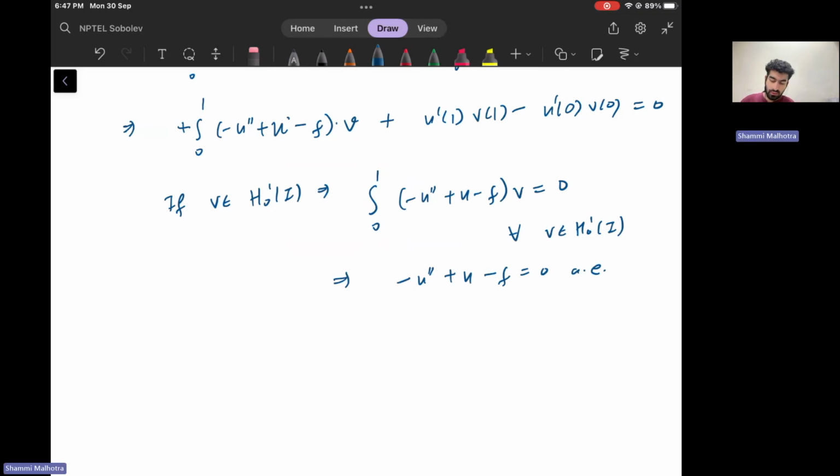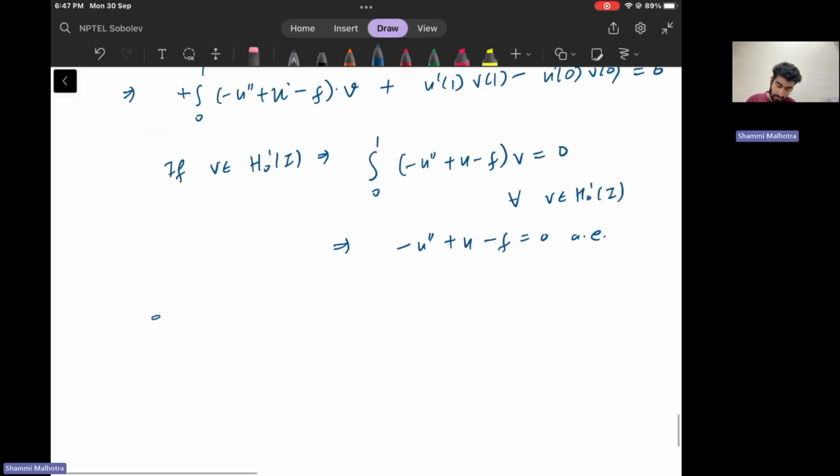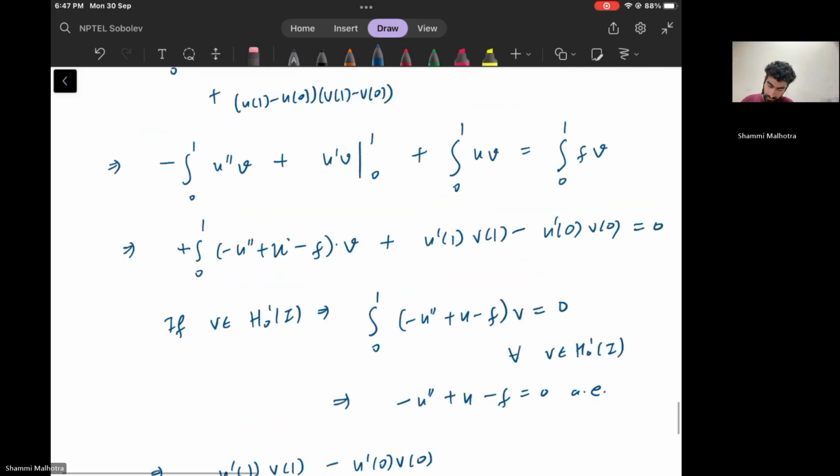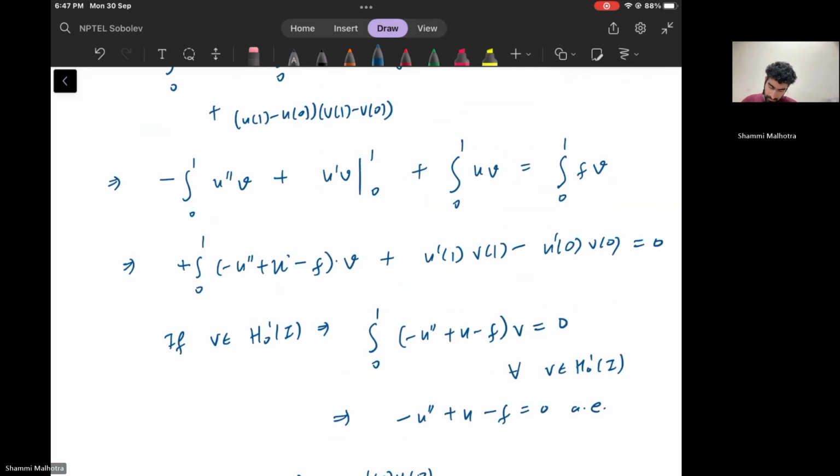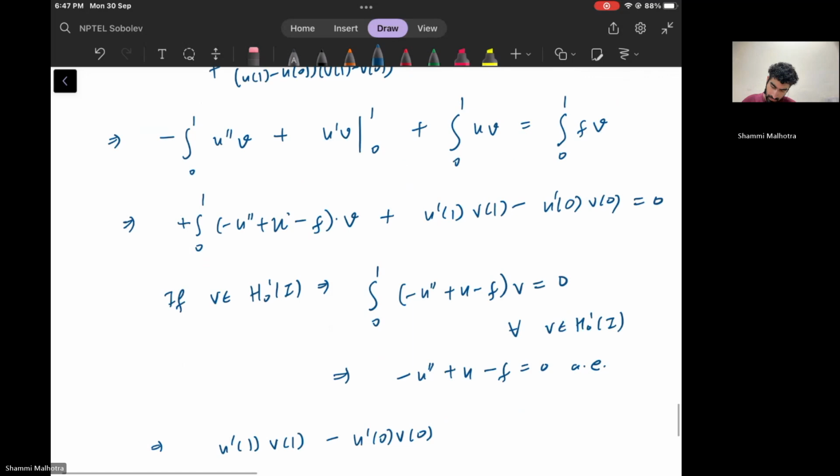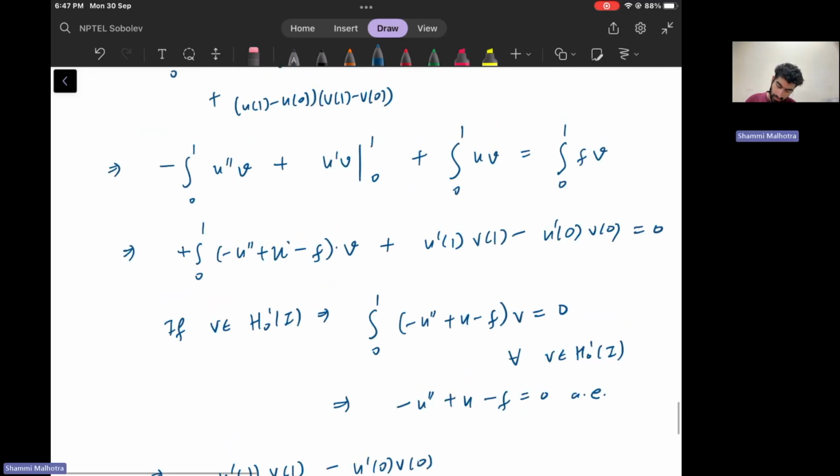So once we have this, coming back to our original equation, this will give us u dash 1 v1 minus u dash 0 v0 to be here. And moreover, we have this thing as well.